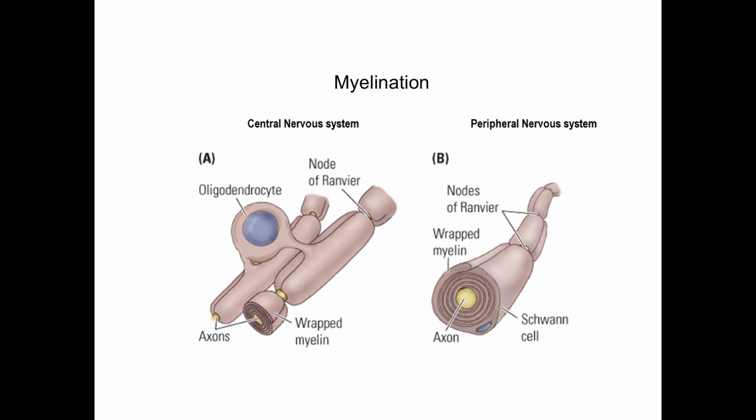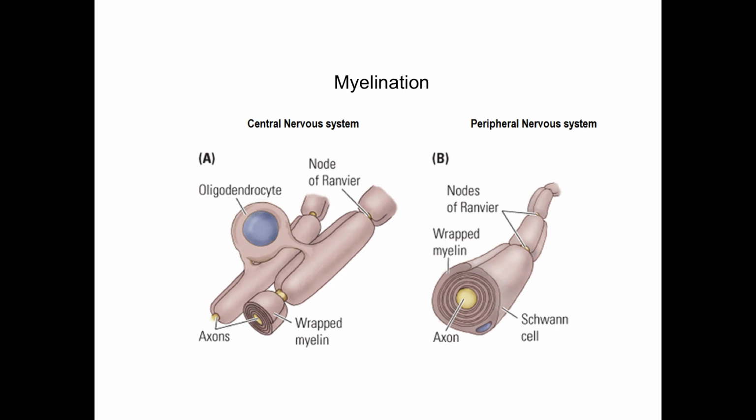There are little parts on the axon that are not insulated, and we call these the nodes of Ranvier. So here you can see the nodes of Ranvier in the PNS. And here you can see some nodes of Ranvier in the CNS. These nodes of Ranvier have a lot of voltage-sensitive ion channels that are necessary for these action potentials.